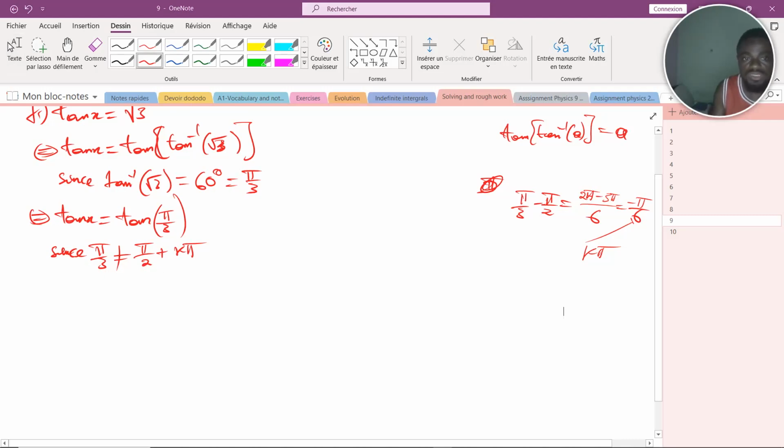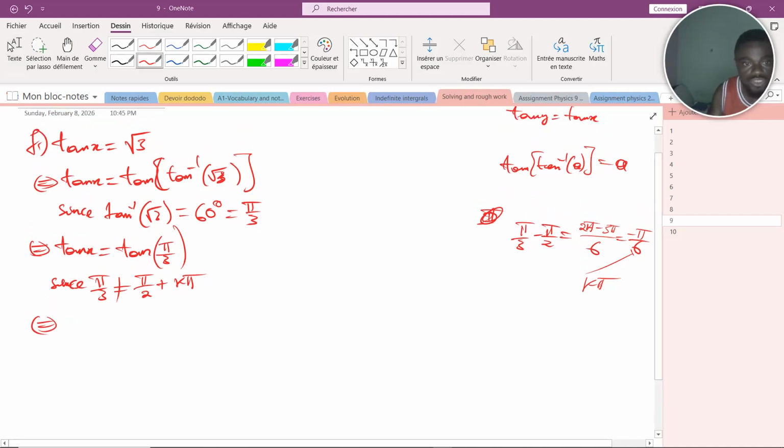Since pi on 3 is not equal to pi on 2 plus k pi, it implies the general solution of this equation. We are at this level. It implies that x, the general solution, will be equal to what? Since x, wait, let me wipe this.